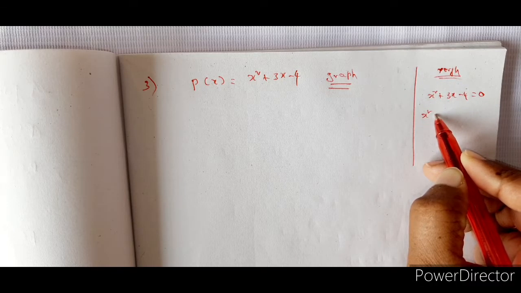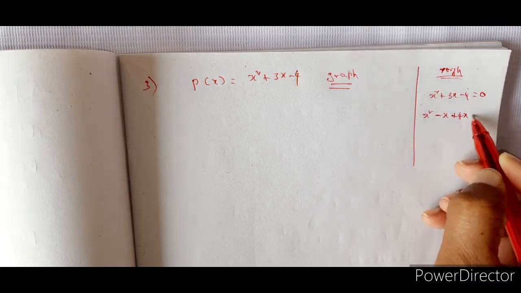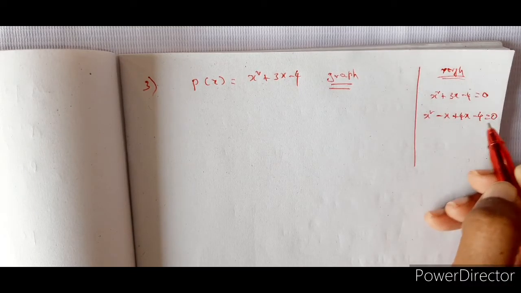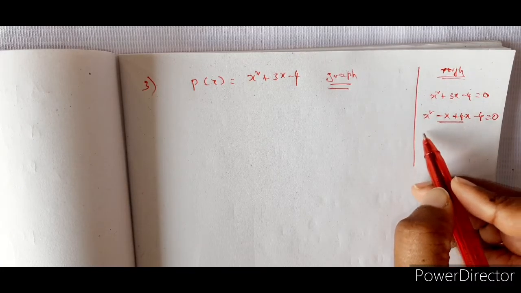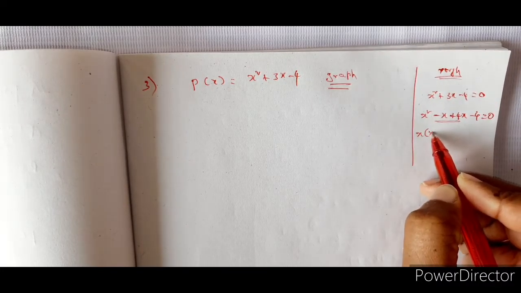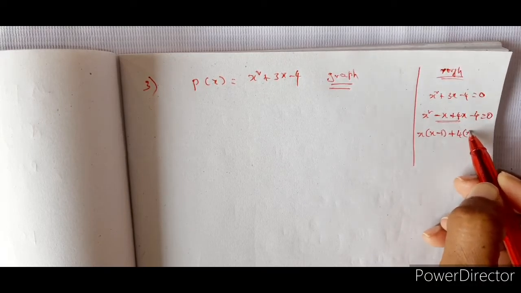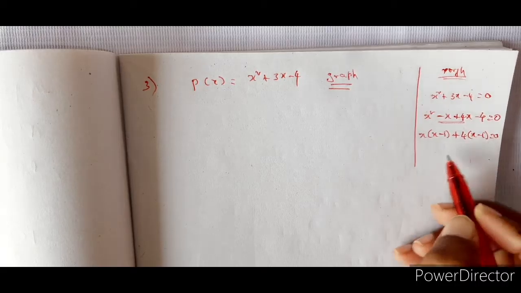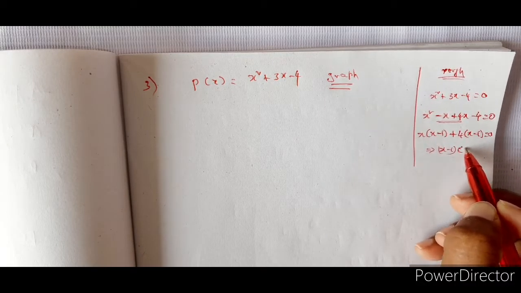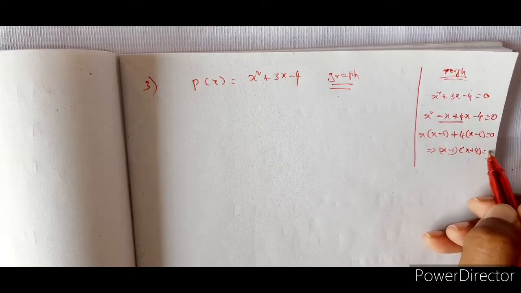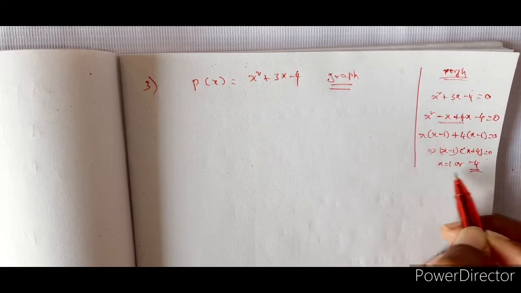So therefore I will get minus x plus 4x minus 4 is equal to 0. So I have split my middle term as minus x plus 4x. Now taking x common here, you will get x times x minus 1 plus 4 taken common, x minus 1 is equal to 0. Which implies x minus 1 into x plus 4 is equal to 0, or x is equal to 1 or minus 4.